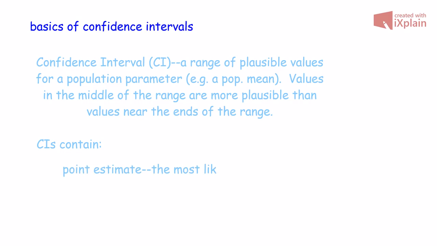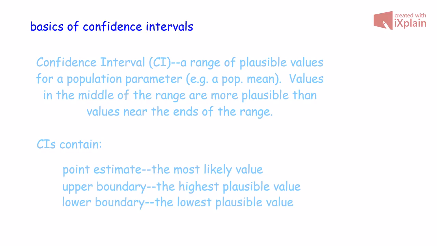Confidence intervals contain three things. The point estimate is the most likely value for the population parameter. I'm going to describe how you get the point estimate on the next screen. Confidence intervals also contain an upper boundary and a lower boundary.